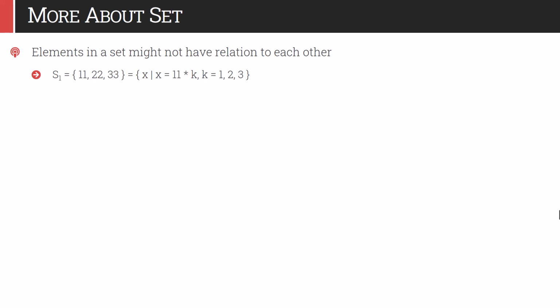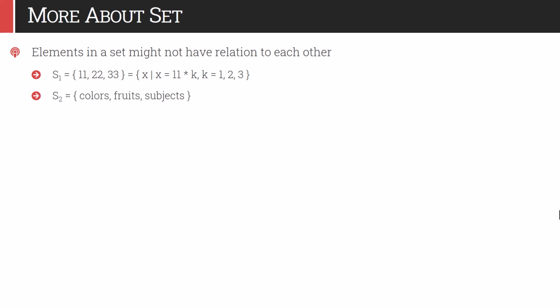If elements have certain relations, then we can easily write the set using mathematical notation, like S1 is the set of all elements X such that X is equal to 11 times K, where K varies from 1 to 3. As we replace the value of K in this formula, we get different values of X and we can build the set. So this is the set builder or property method for constructing a set. We will talk about it very soon.